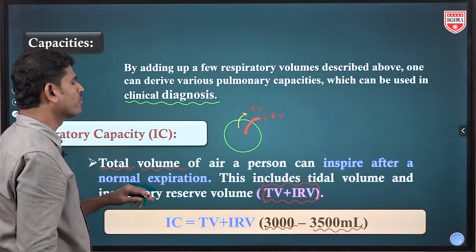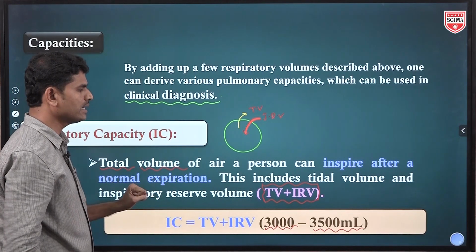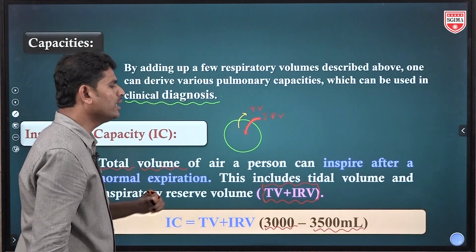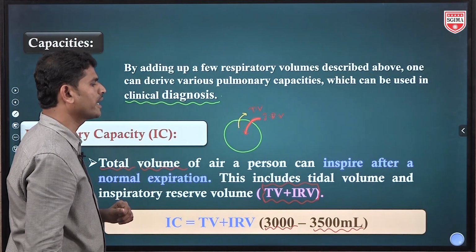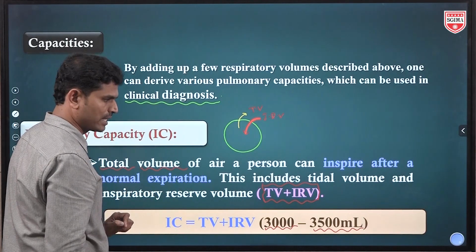So this is first capacity, inspiratory capacity. How we can define: a person can inspire after normal expiration. This is only inspiratory capacity.